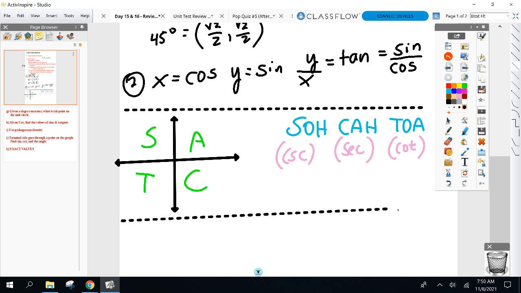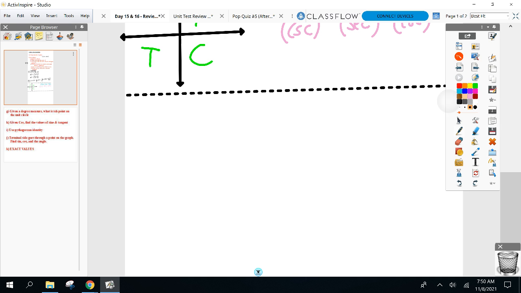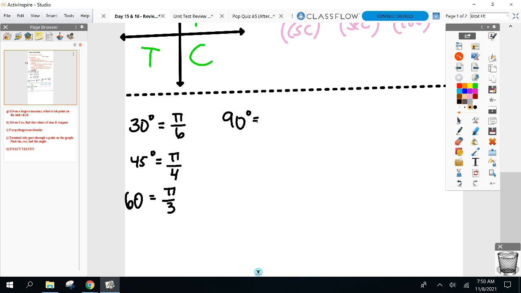The common degrees to radians. I'll write it, they're not needed, but I'll write it down here. 30 in radians, pi over 6, 45, pi over 4, 60, pi over 3, and then we go on the line, right? 90, pi over 2, 180, pi, 270, 3 pi over 2, and then 360, 2 pi.